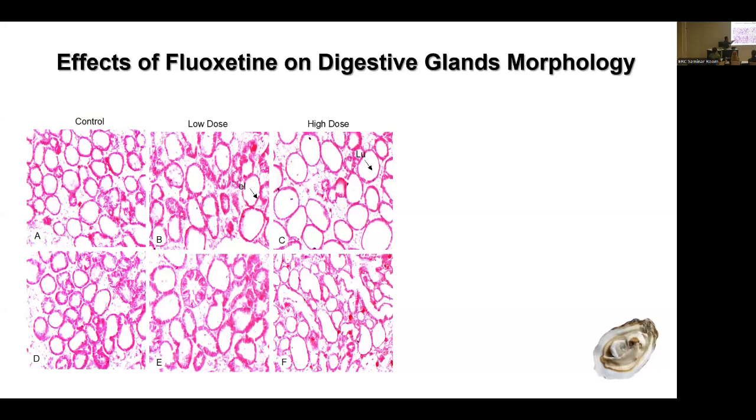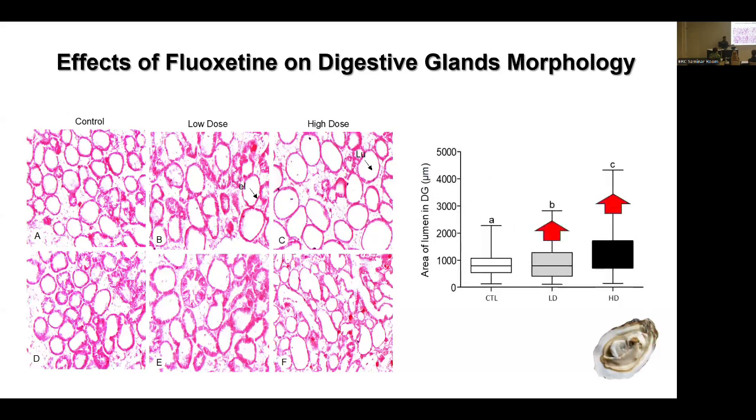Because of the effect of the drug, the epithelial lining of the lumen has become smaller. This whisker plot represents the statistical result of the low dose and high dose.